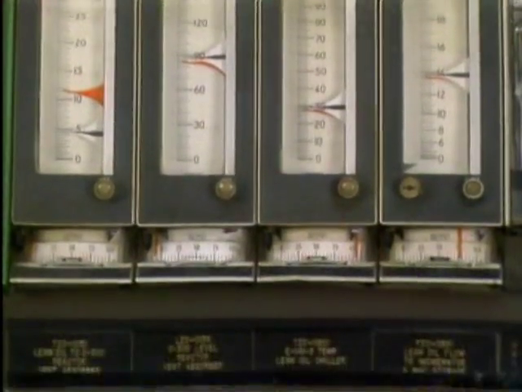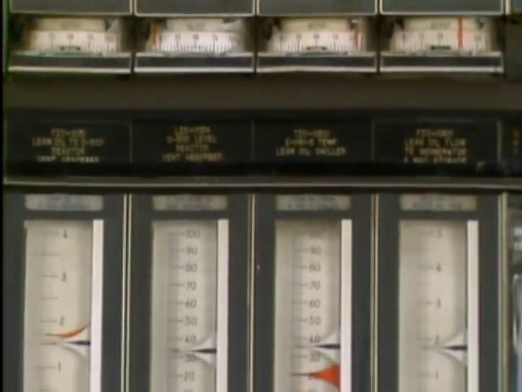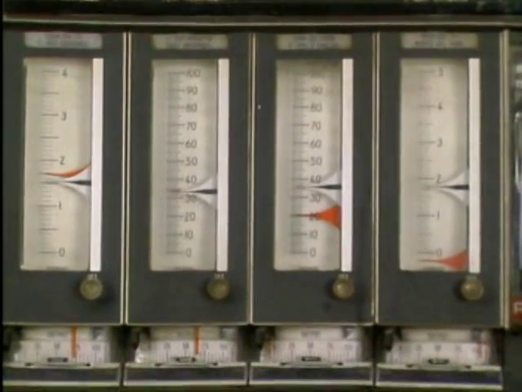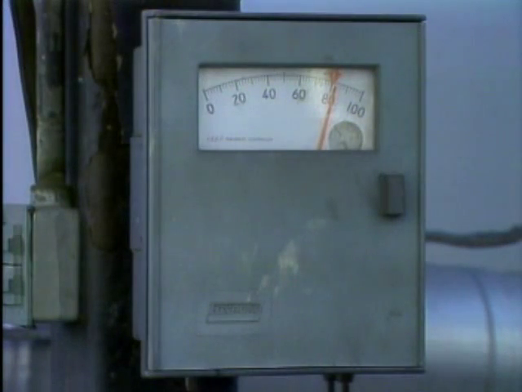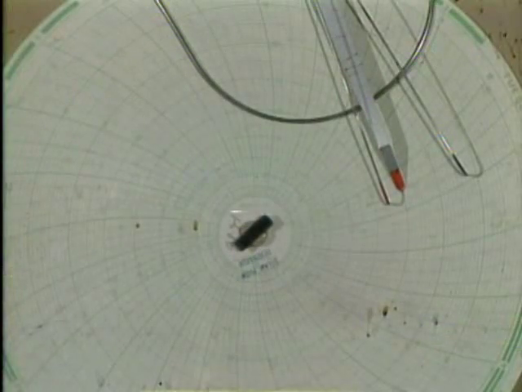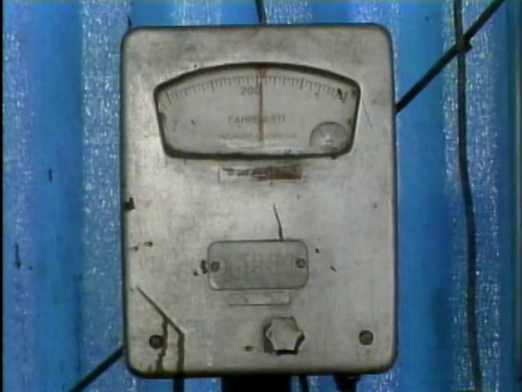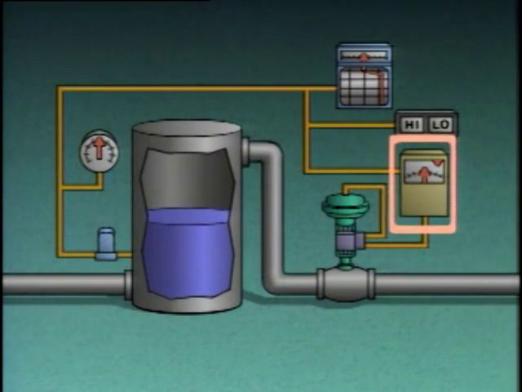Controllers can be classified in several ways. For example, they can be classified by the process variable that they control, by whether they're electric or pneumatic, by functions they perform in addition to controlling the process variable, and by their location. The controller in this water supply system controls level.